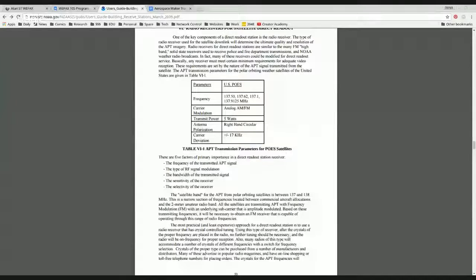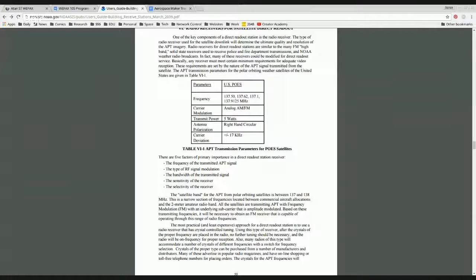Here we see the frequency, or frequencies in this case. The one we are interested in is the 137.1. There are some other frequencies in use, but that is the one we're actually interested in. Carrier modulation is another thing we're interested in. It says analog, AM, and FM.